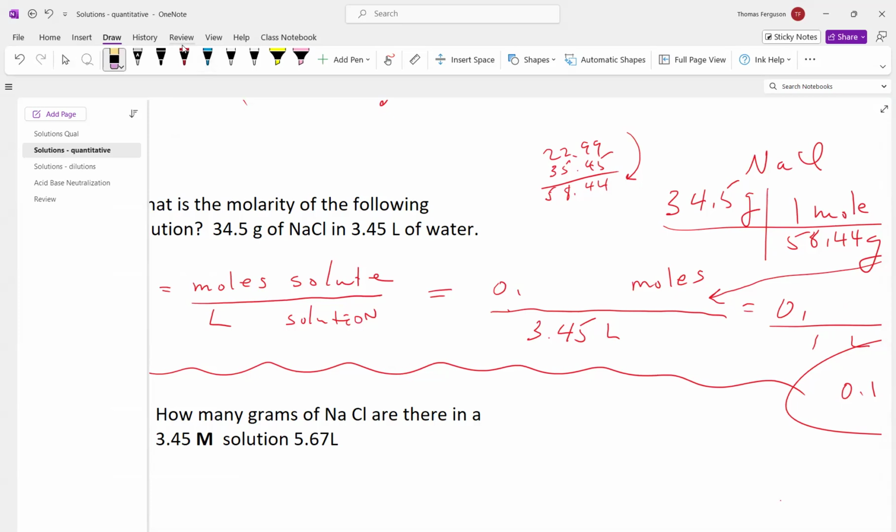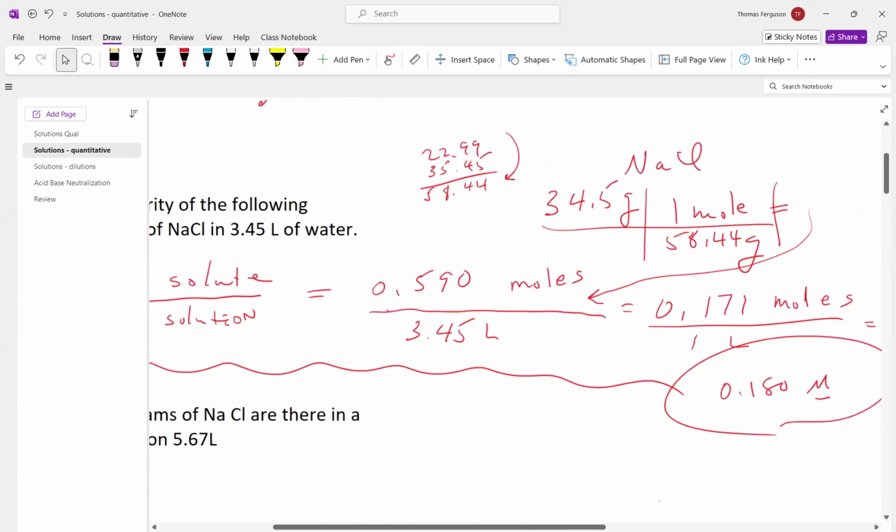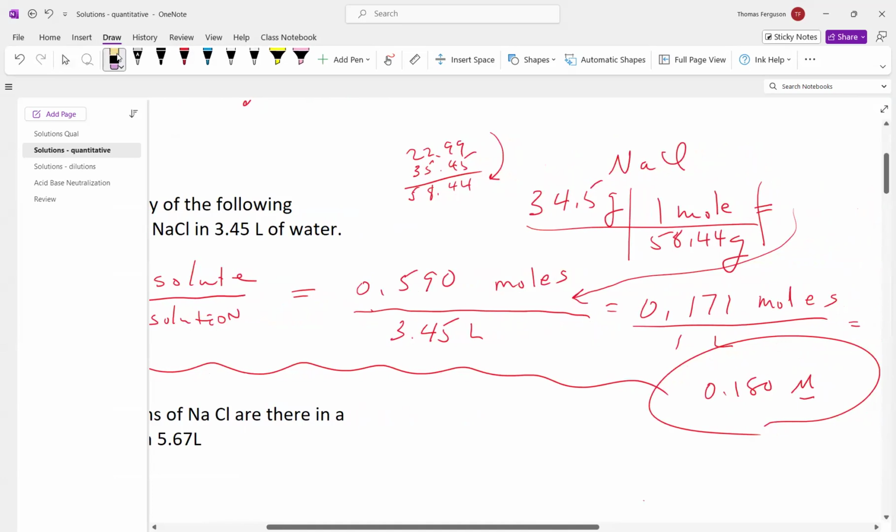So what did you get? It helps to put the right numbers in.